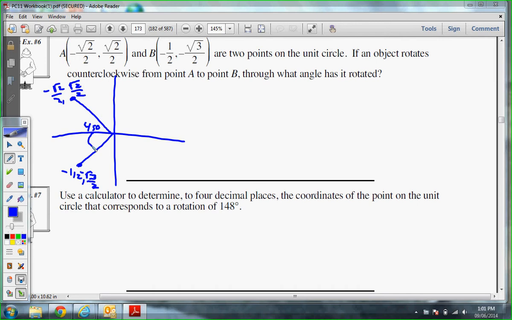Negative 1/2 is the smaller number, so that means this is going to be the 60 degree, and the bigger, negative root 3, would be the 30. It can only be 60 or 30. Those are your options. Now going counterclockwise, which is this way, we can add the two reference angles, 45 plus 60, and you get 105 as how much they rotated.